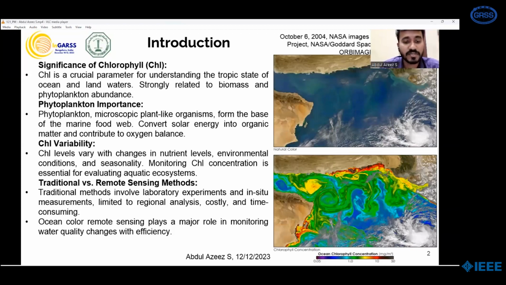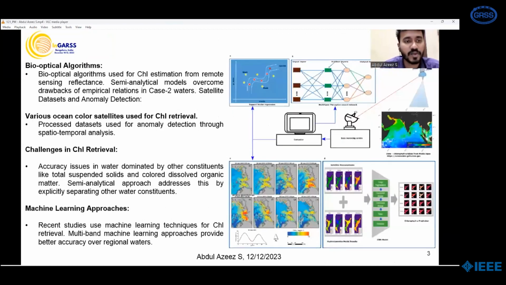Ocean color remote sensing plays a major role in monitoring water quality changes with efficiency. There are bio-optical algorithms for chlorophyll estimation from the remote sensing reflectance, and we can use various ocean color satellite imageries for the retrieval of chlorophyll. We can also use machine learning approaches.